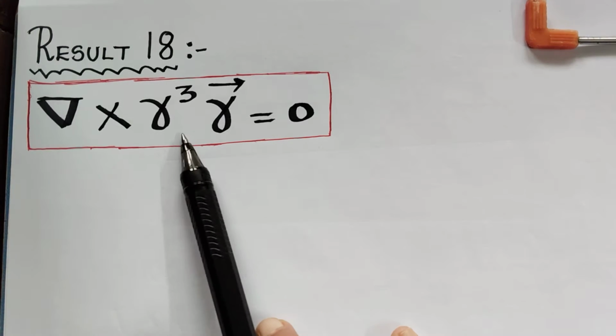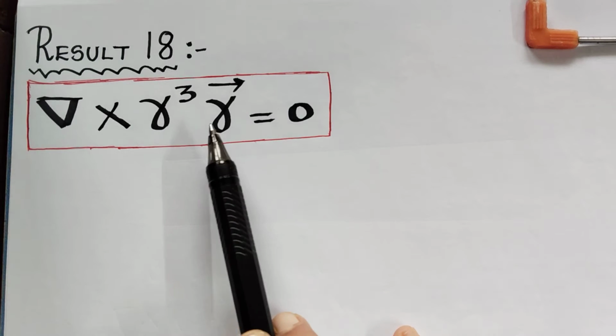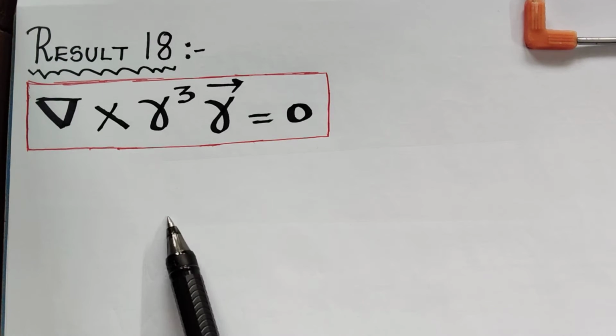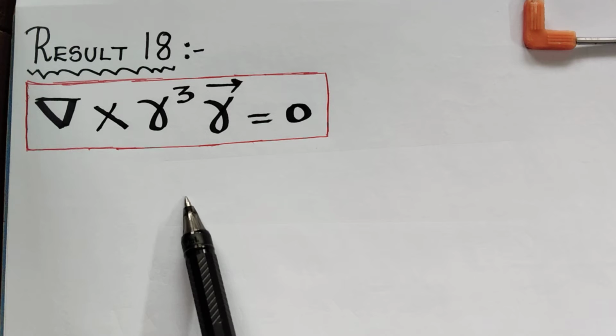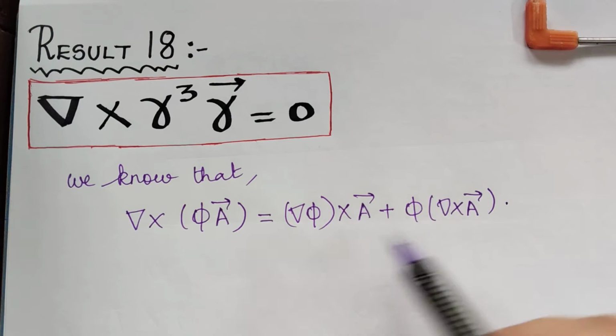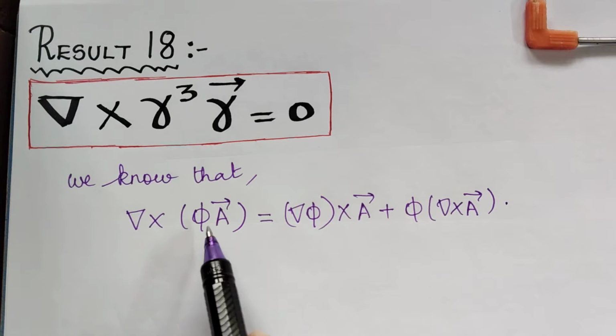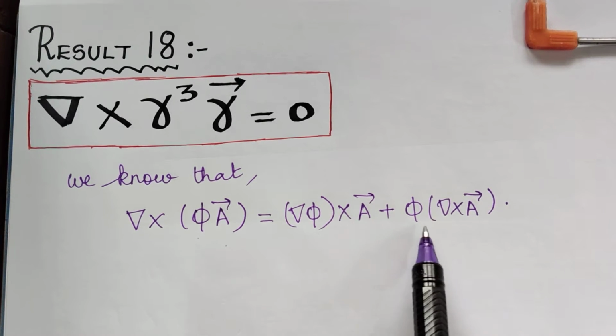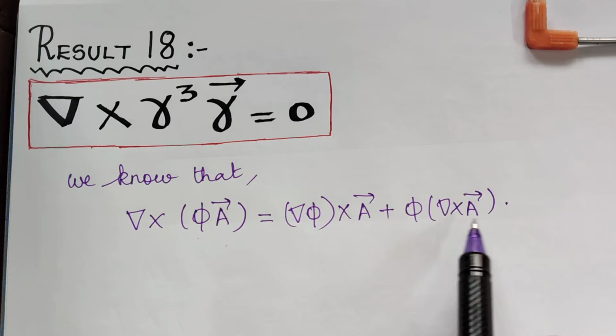Or we can also derive it by using the vector identities that we have learnt previously. So first we will write the vector identity which we have learnt previously. So first we are going to make use of this identity, that is nabla cross phi a vector is equal to nabla phi cross product with a vector plus phi multiplied with nabla cross a vector.